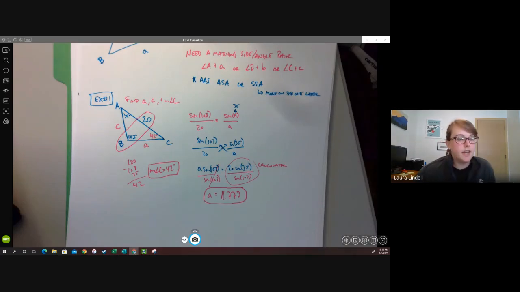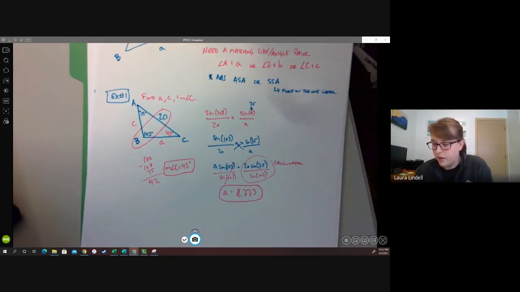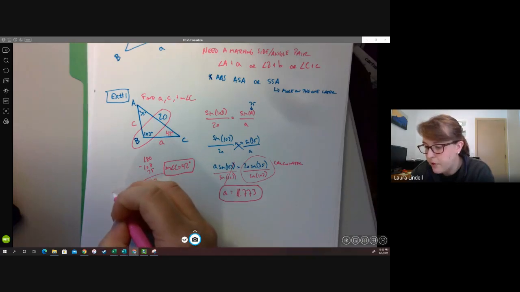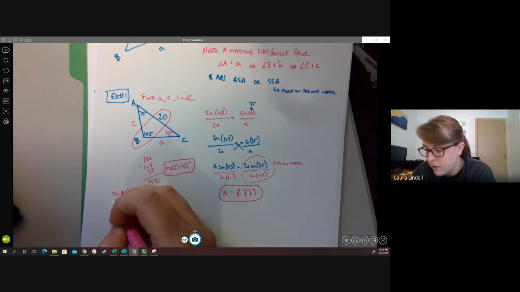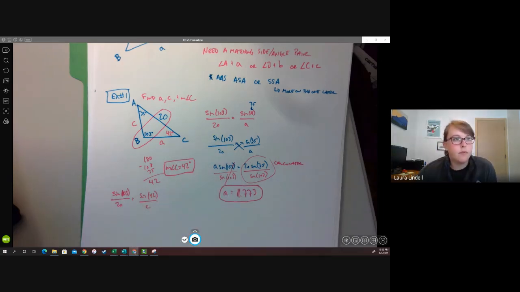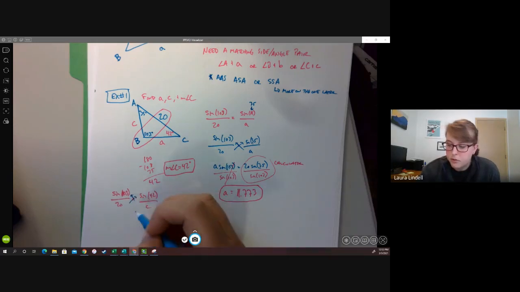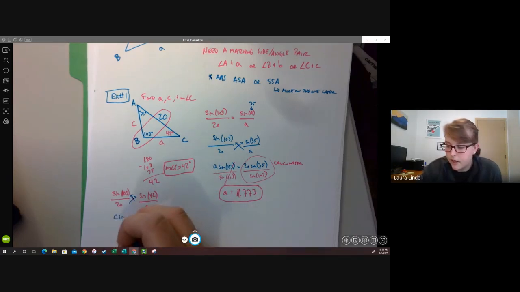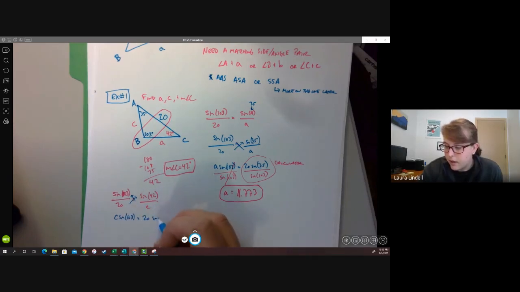So then we can find side length C the exact same way that we found side length A. We can set up a new ratio over here, sine of 103 over 20 equals sine of 42 over C. Then we can do the whole cross multiplying thing. We get C sine of 103 equals 20 sine 42.